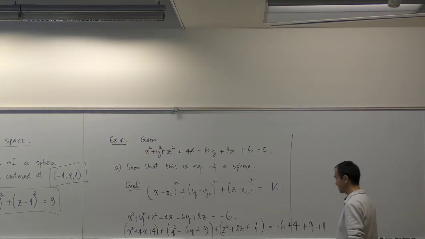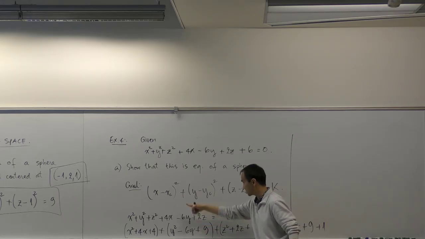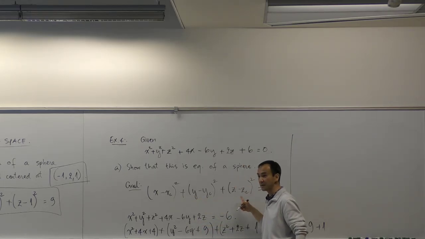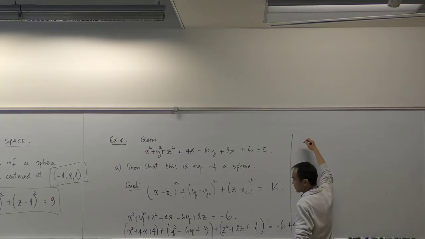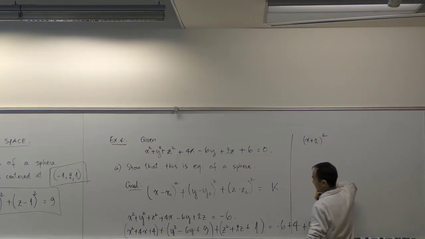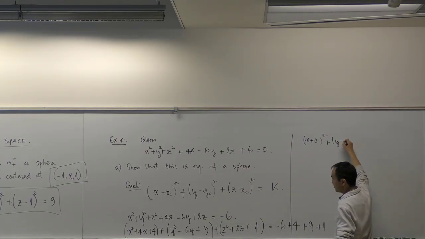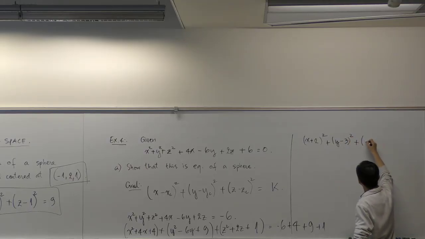So now here's how it looks. These are now perfect squares, because in your equation, these are all the perfect squares, right? So that's going to give me, for the first group, x plus 2 all squared. The middle group is y minus 3 all squared. Third group, z plus 1 all squared.